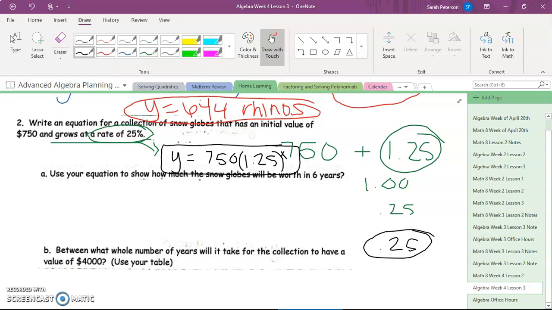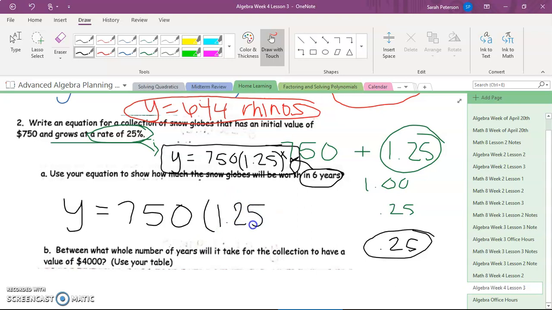The next thing it says is use your equation to show how much the snow globes will be worth in 6 years. So Y is the snow globes, X is time. X is usually always time. We're going to plug in 6 years for X. So your equation should look like 750 times 1.25 to the 6th power, and then I can type that in.